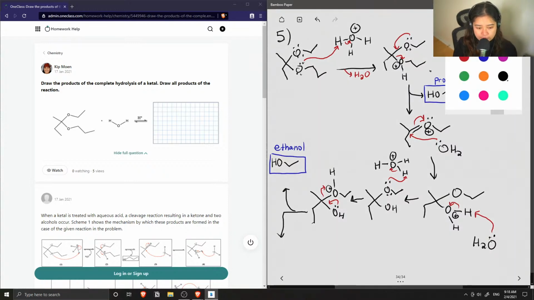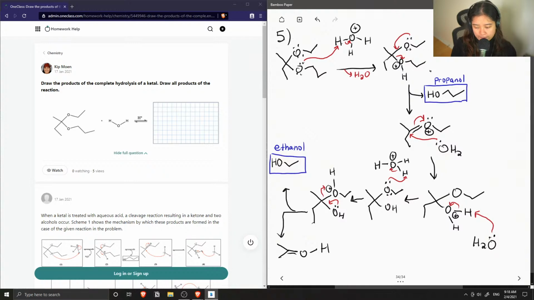And our other final group will now have a double bonded oxygen that is protonated, and this has a positive charge.